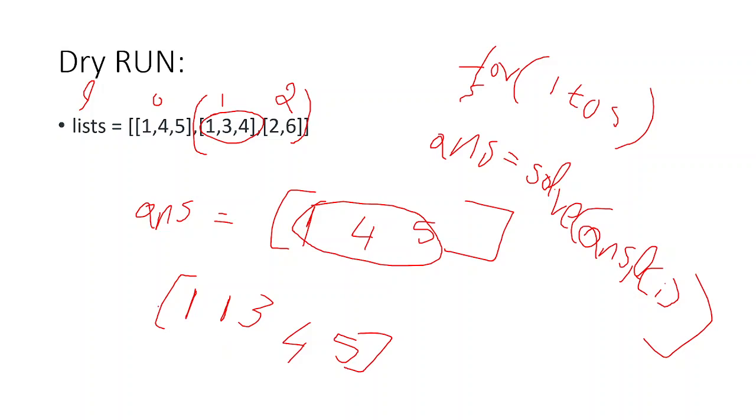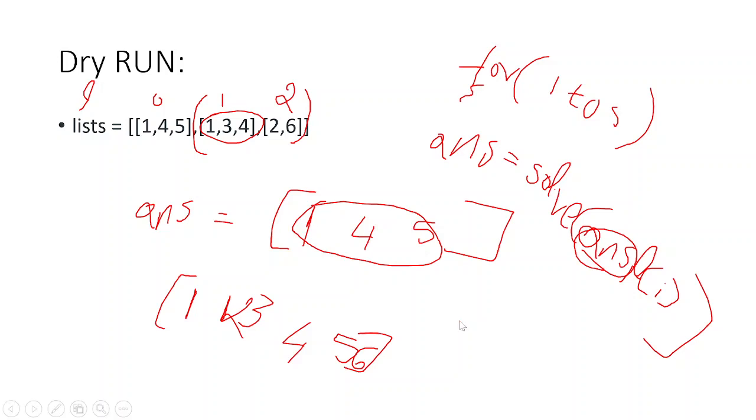So it will be 1 1 2 3 4 4 5 6. That's pretty easy, right? Just using a helper function and merging each time with the answer. That's what we are going to do in this question.